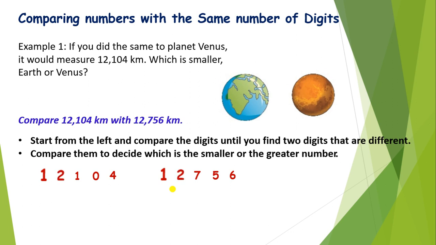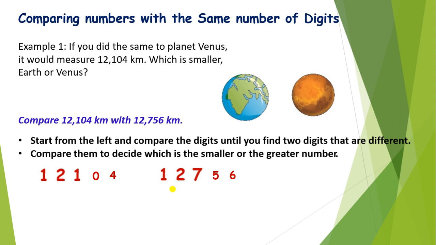The next digit is 2 in both the numbers, which is also same. Let's go for the next digit. In the first number there is 1, whereas in the second number there is 7. So here 7 is the bigger number. 7 is greater than 1.